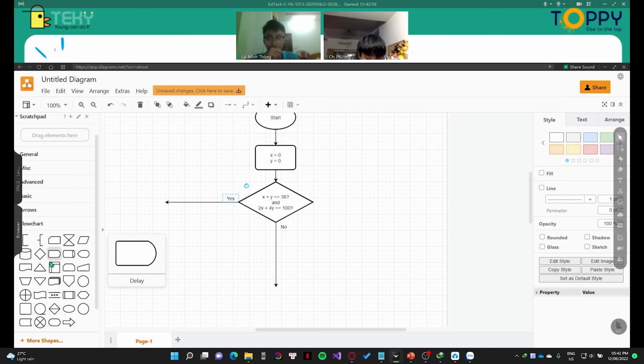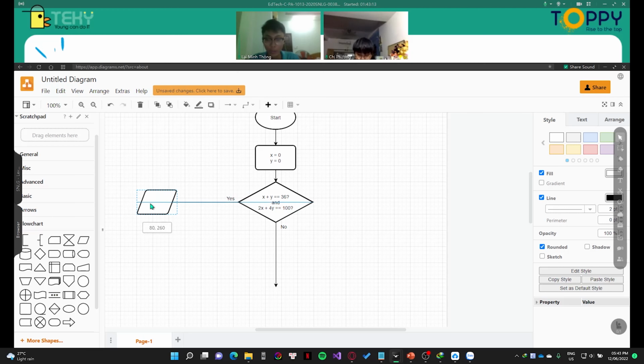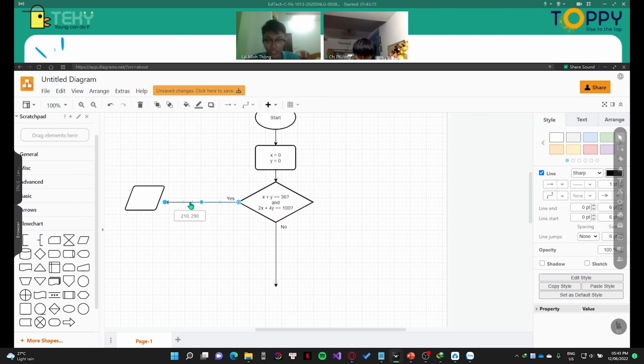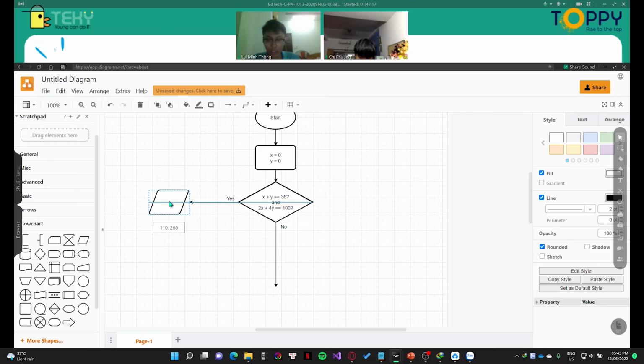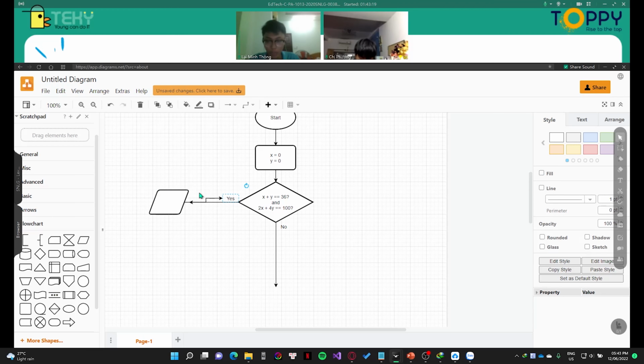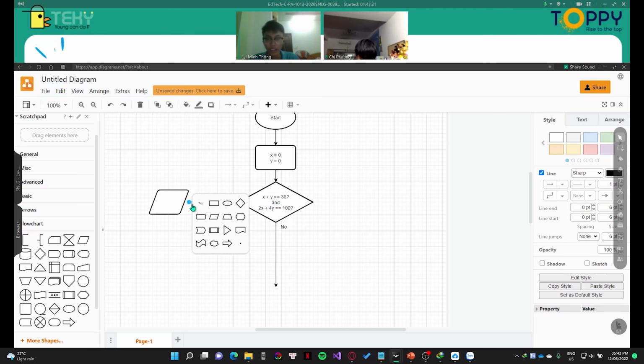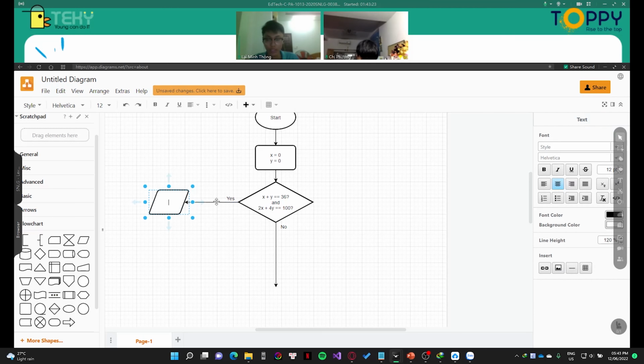And what? And flowchart. Okay, but before that we need to output the x and y values, which is the answer.